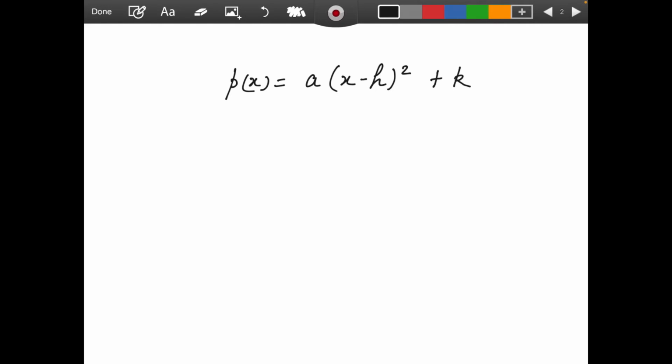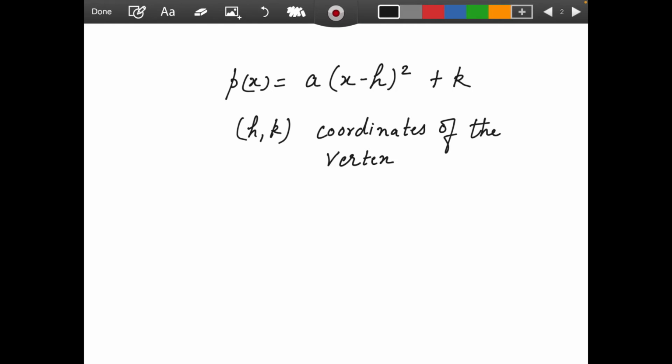This is called the vertex form of the quadratic polynomial, and here h and k represent the coordinates of the vertex. So if the graph is like this, then this point here is represented by h and k.